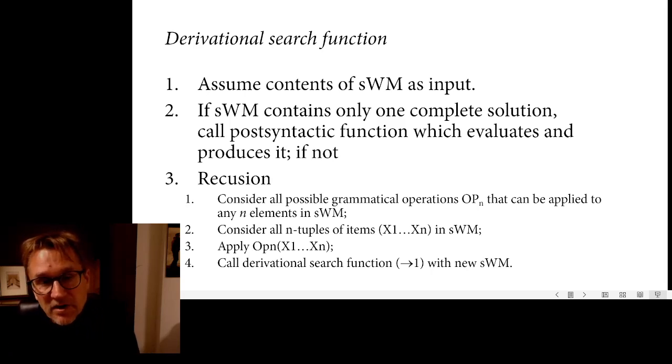A derivational grammar or theory or principle is one which makes restrictions already at the level of derivations or application of the derivational search function. And we can imagine purely derivational theories which have no representational constraints, although that's difficult to imagine, but it's possible in theory at least. So we simply regulate the grammar.